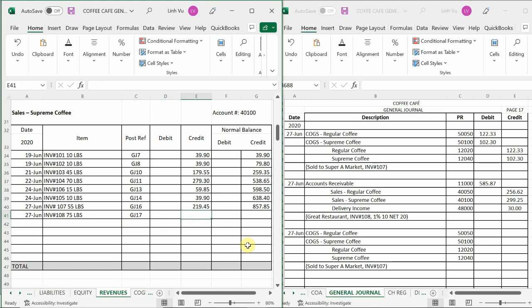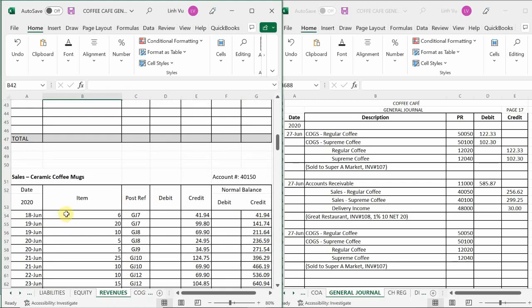And for the $299.25, yeah, 25. And it's $1,157.10.